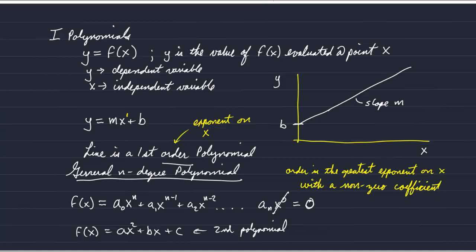And the second order polynomial has two roots, or two solutions. That is, the solution of f of x is equal to 0. Right? So the order of the polynomial also determines the number of roots, or solutions, that f of x equals 0 will have. Okay, so that's enough for polynomials.